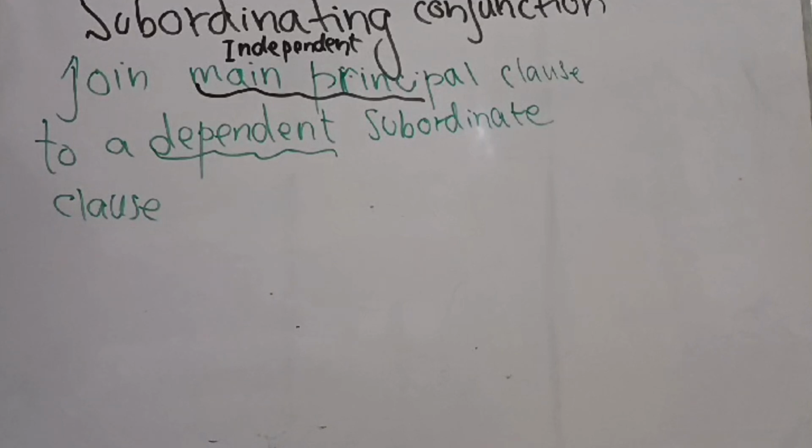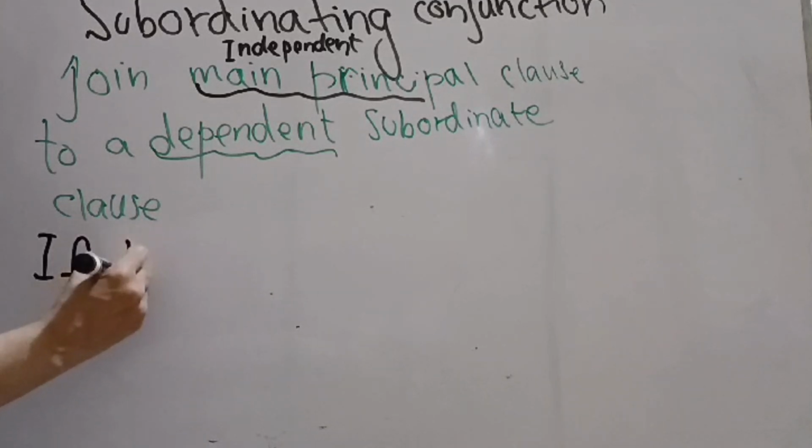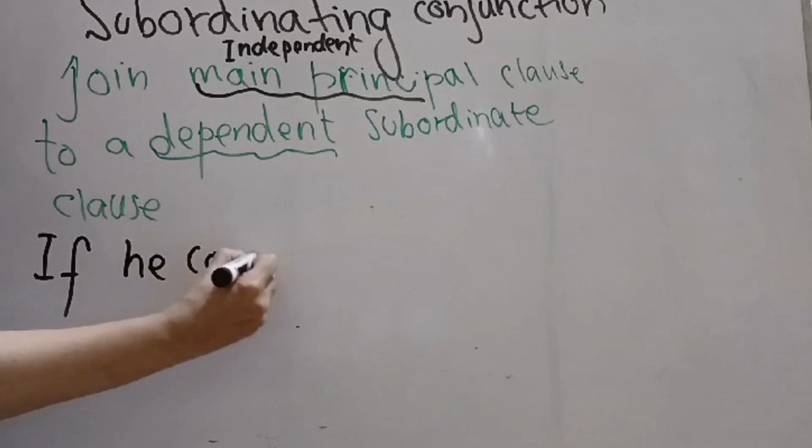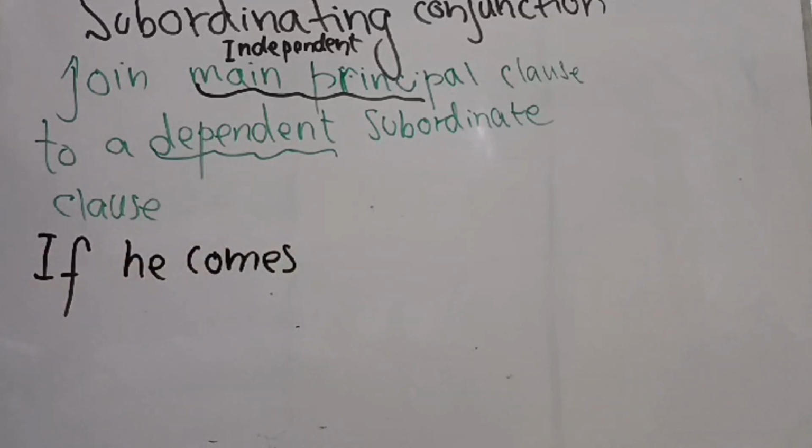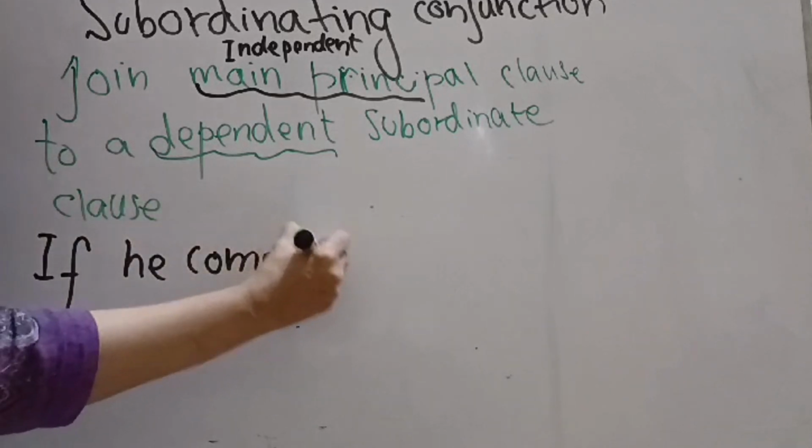If I say, if he comes, this is called a subordinate conjunction, and this is called a subordinate or dependent clause. If he comes, what will you do?